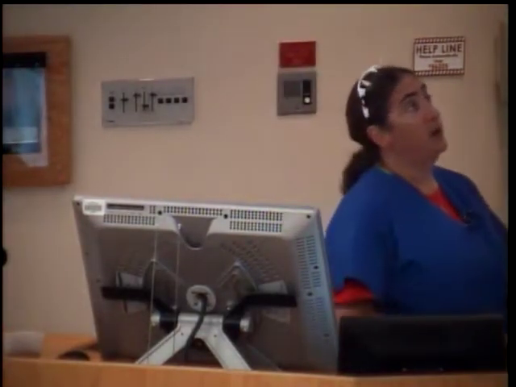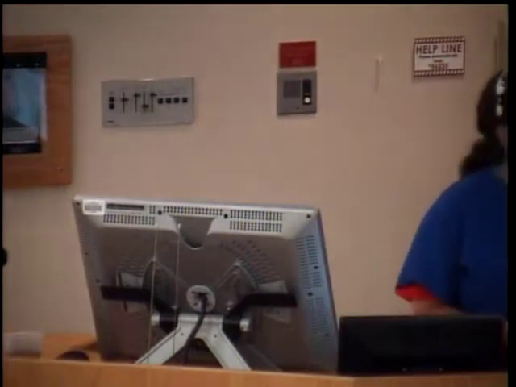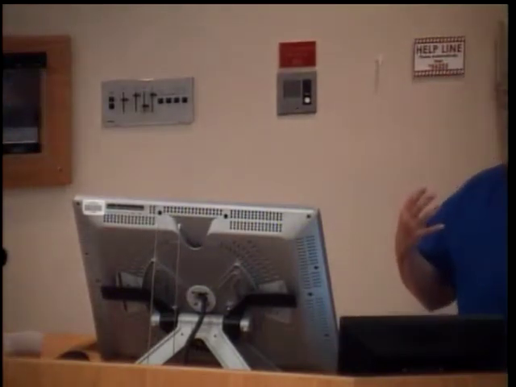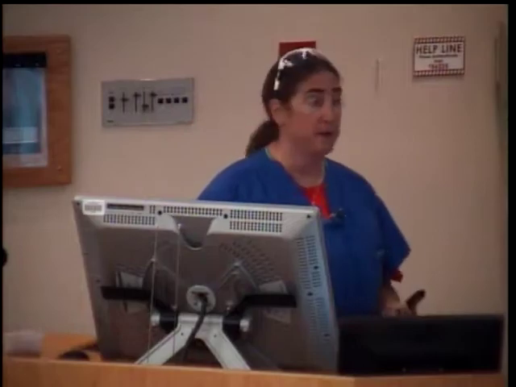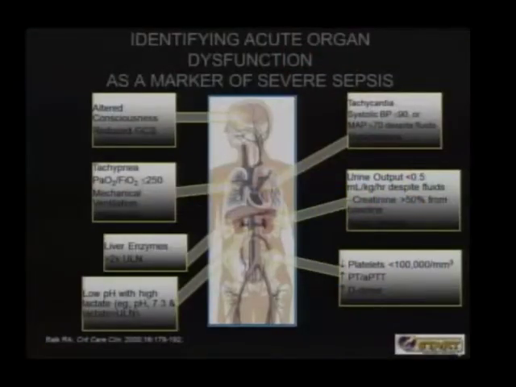When we looked at organ dysfunction, we thought, is it important to know that there are different organ dysfunctions? The answer is yes. There are 7 different organs that we think about. Now, we always talk about the big 3 being respiratory, cardiovascular, and renal. But keep in mind that there are 7 total. Anything related to altered mental status, you have neurologic changes.